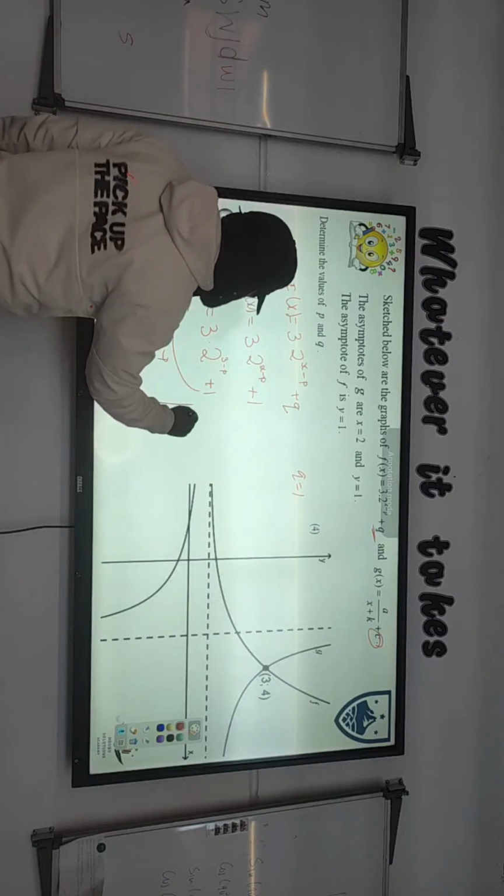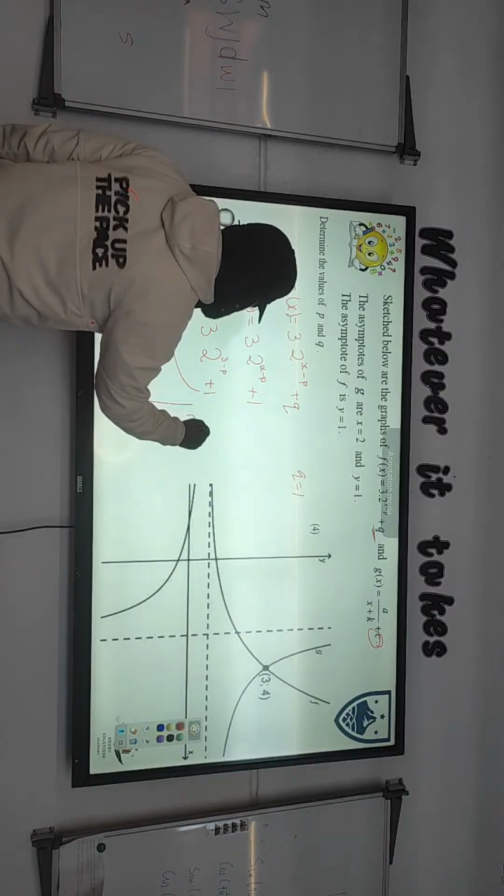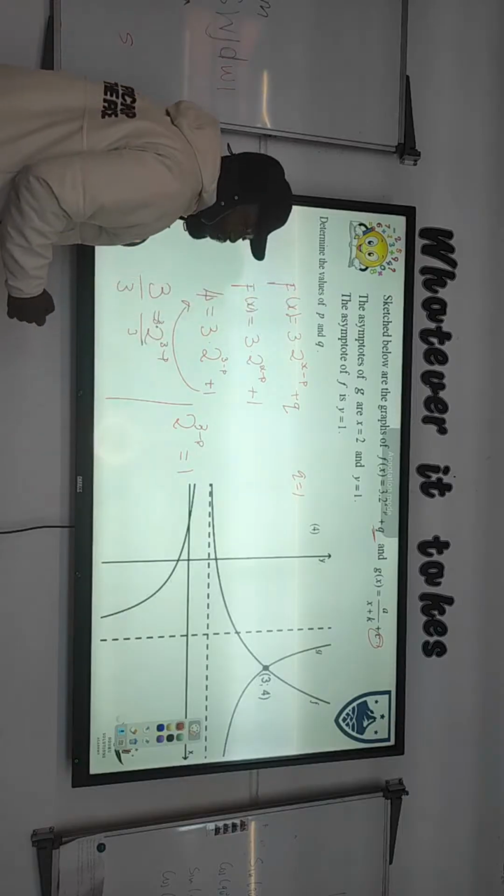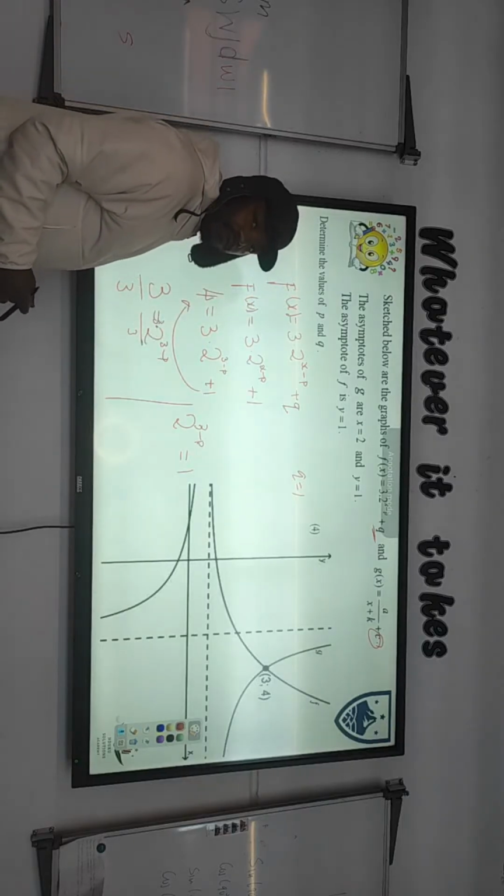And then I have 2 to the power of 3 minus p will be equal to 1.